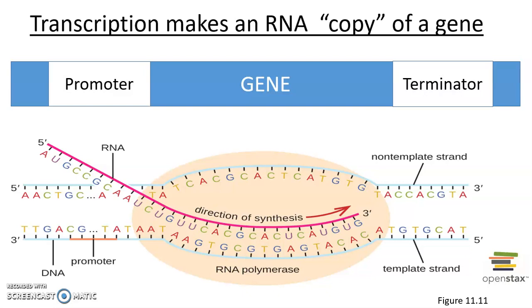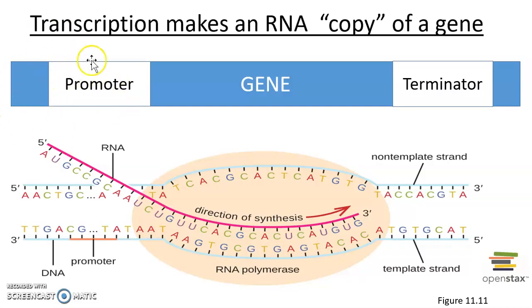That tells the enzyme, go ahead and start making a copy of this DNA, because that is going to provide the instructions for the cell. Remember, our definition of a gene is that it codes for a functional product. In this case, with transcription, it's coding for an RNA copy of the DNA.